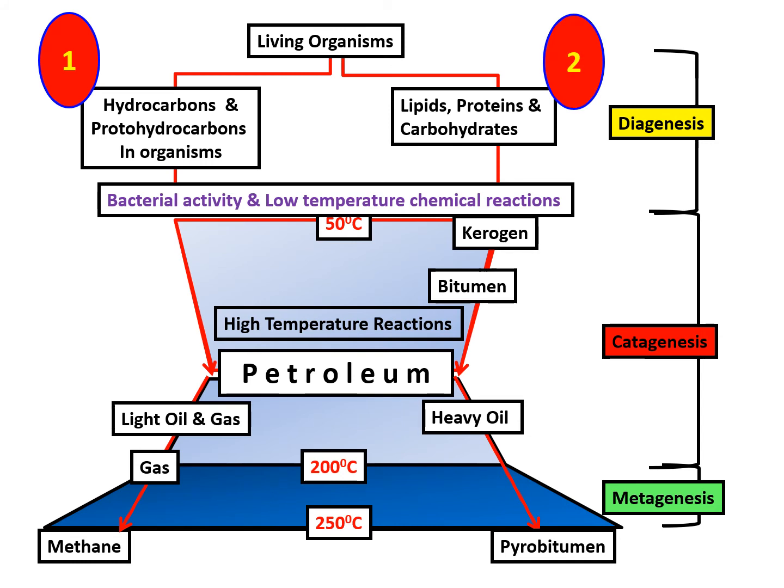So the first origin of petroleum is on the left side, where around 10 to 20% of the petroleum is formed directly from hydrocarbons synthesized by living organisms or from their molecules, which are readily converted to hydrocarbons. So in this case, the accumulations refer to the free hydrocarbons that form from dead living organisms.